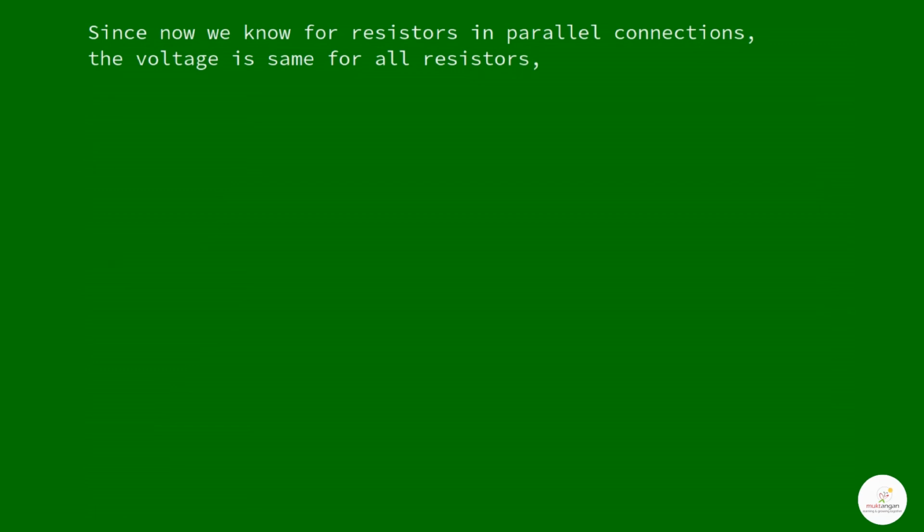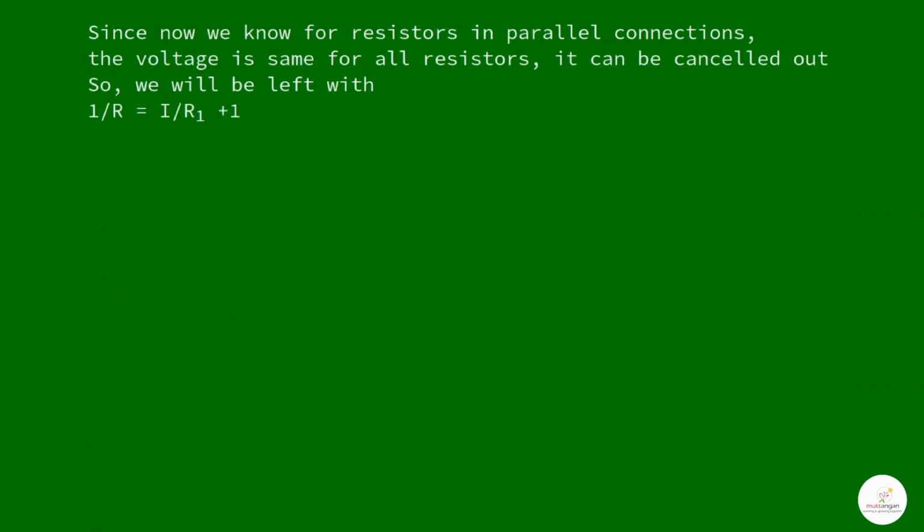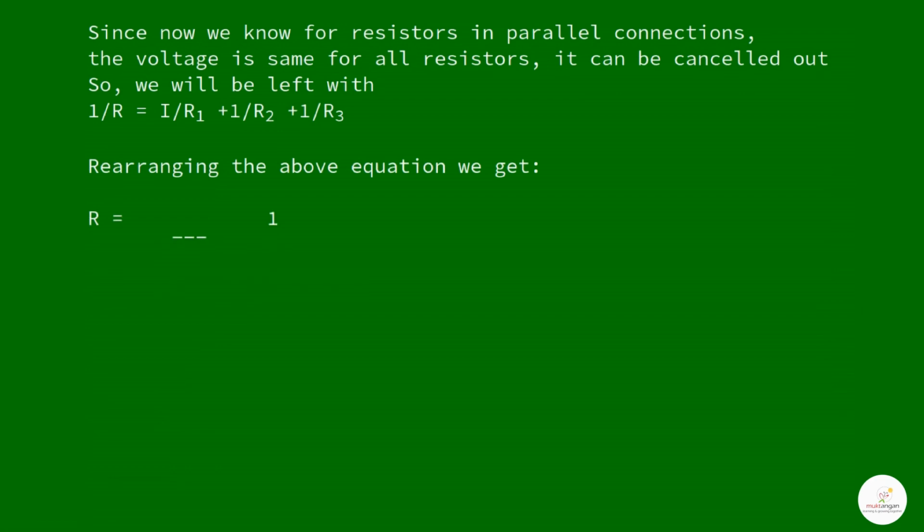Since now we know for resistors in parallel connection, the voltage is same for all resistors, it can be cancelled out. So we will be left with 1 over R equals 1 over R1 plus 1 over R2 plus 1 over R3.